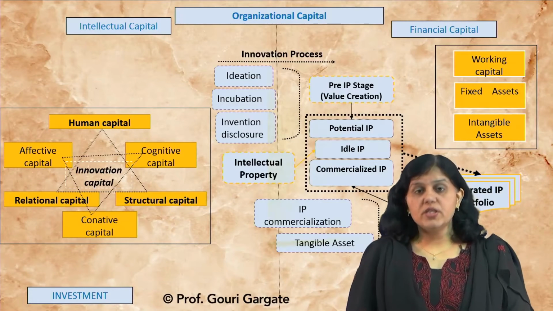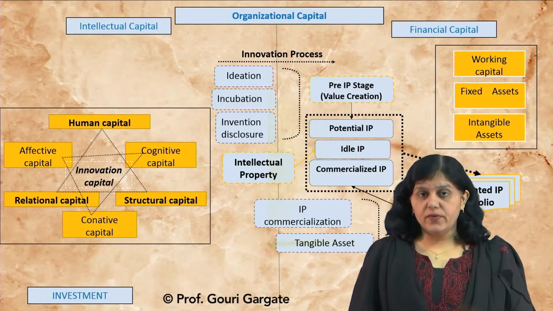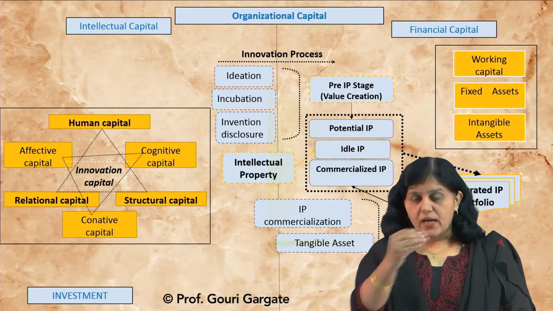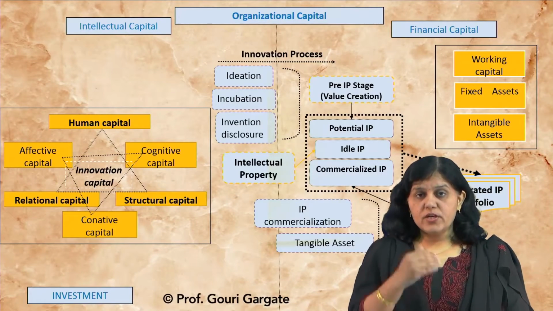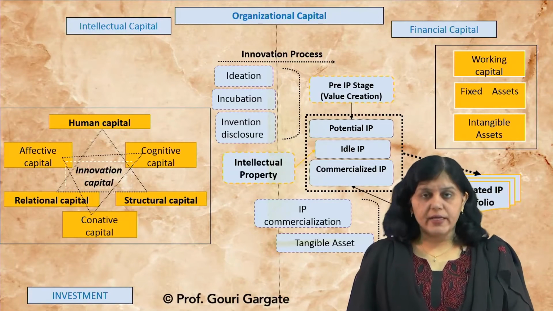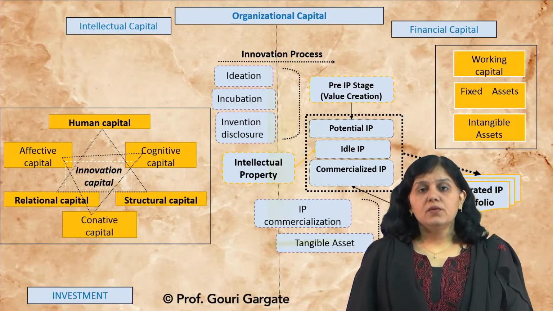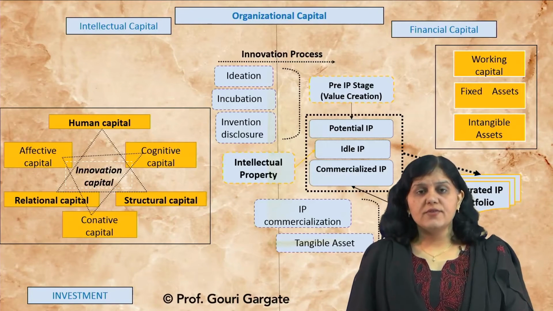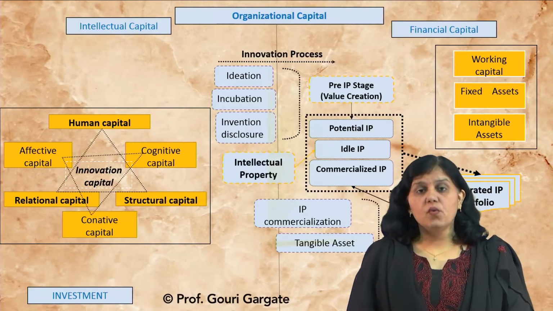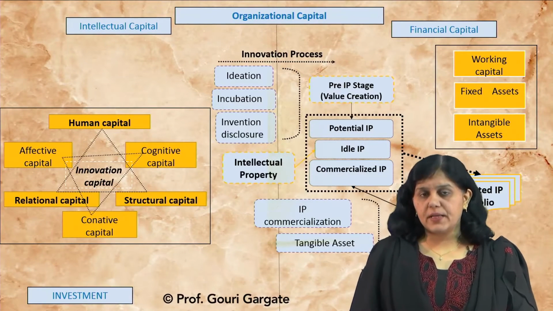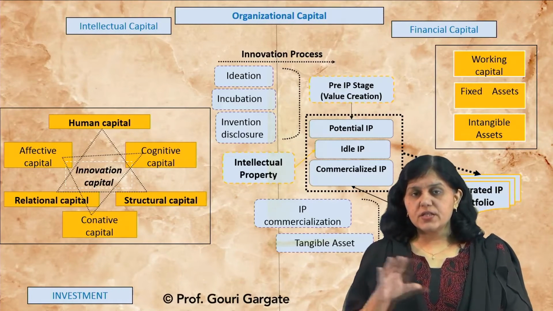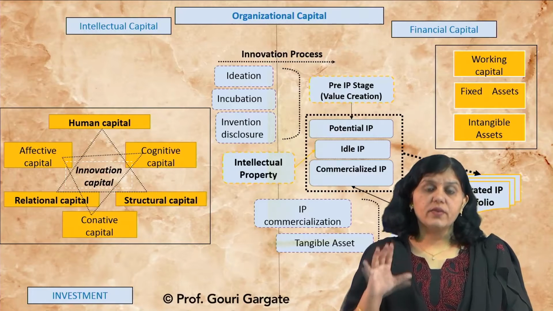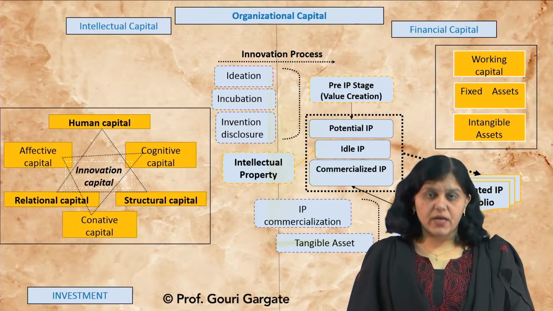Now, we will concentrate on how innovation occurs. We have seen that the innovation process starts with ideation. In one of the modules, we saw how to develop your own IP system and how to assess it. There we noticed that there are a total of 5 stages and 15 major processes in IP management.